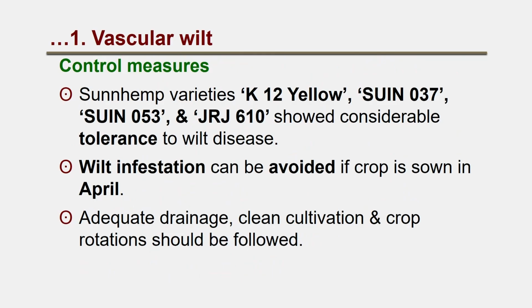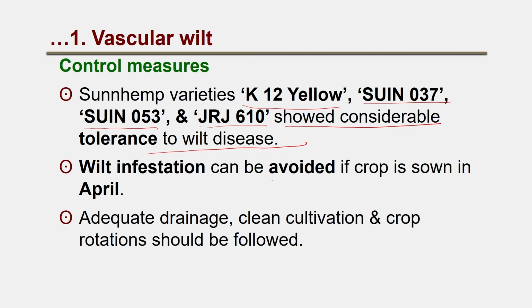Now, how to control the vascular wilt? Sannhemp varieties like K12 yellow, Swin 037, Swin 053, JRJ 610 showed considerable tolerance to wilt disease. So, wherever it is likely to get wilt disease, better to grow the tolerant varieties.